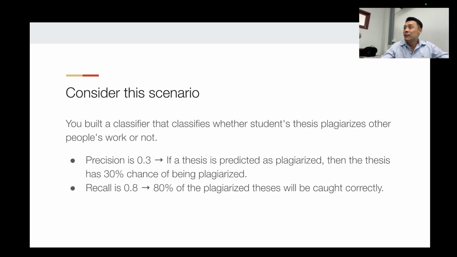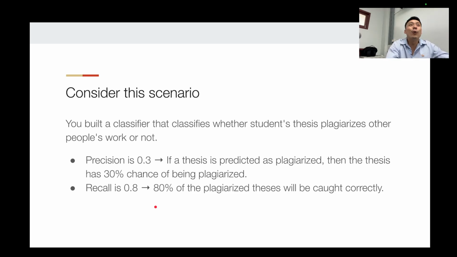So maybe we can't trust this very much if it flags something as plagiarized, but we know that we'll catch a lot of plagiarism. This is the kind of system you get if the numbers look like this. Obviously bad.